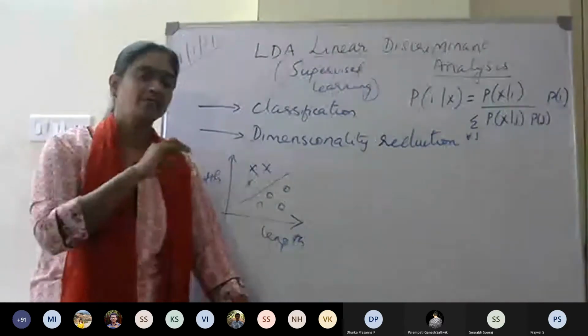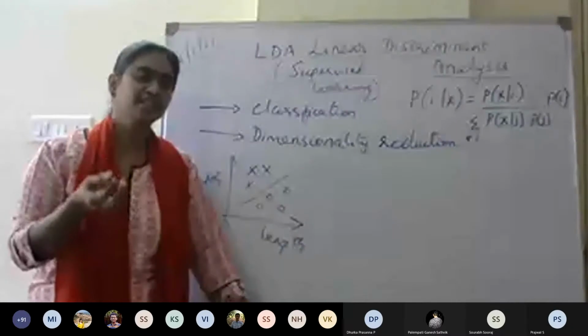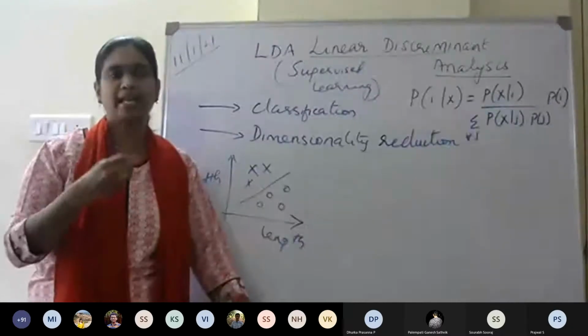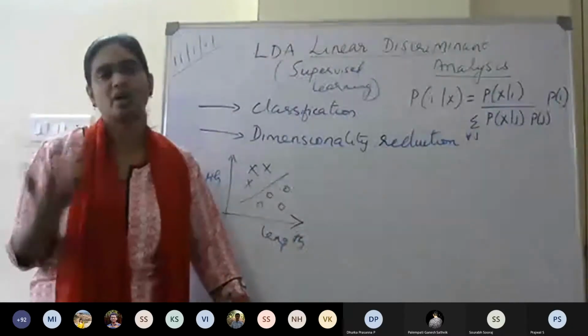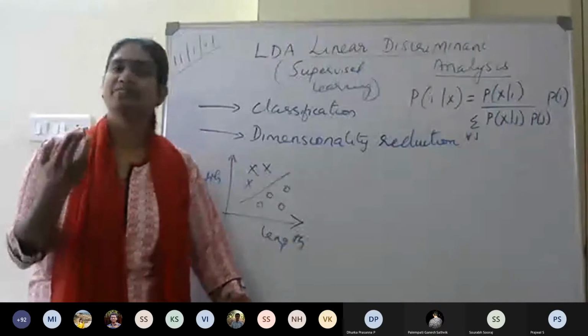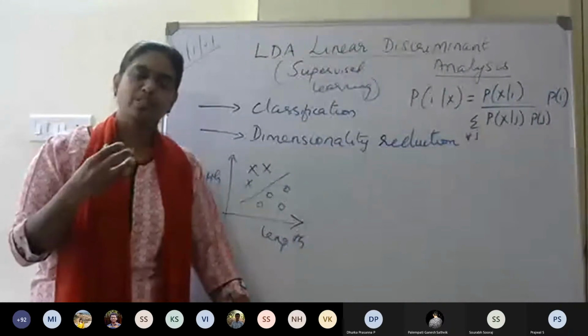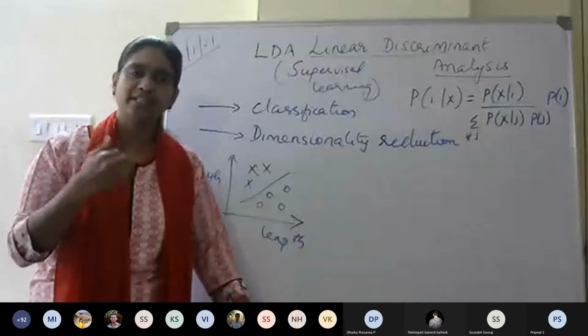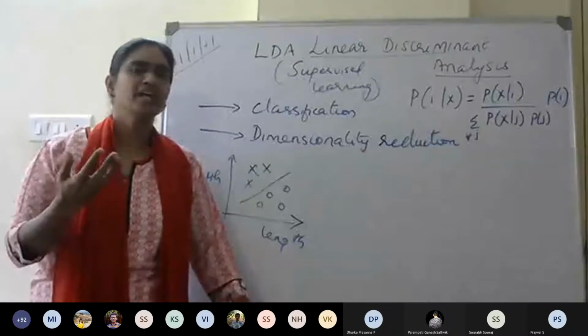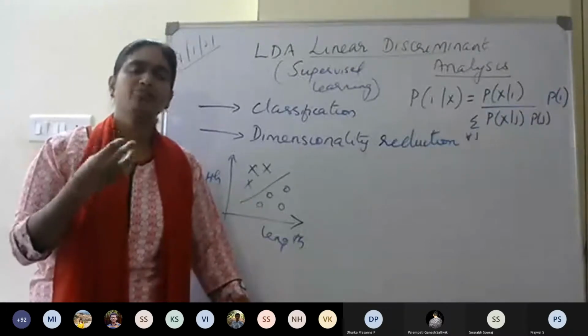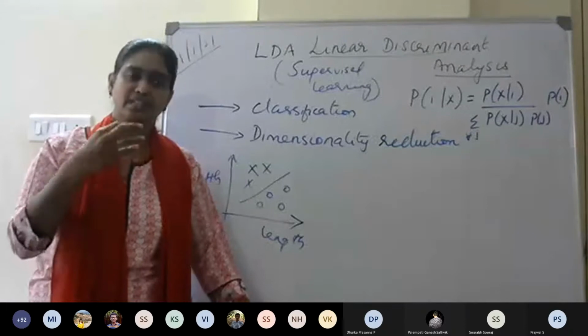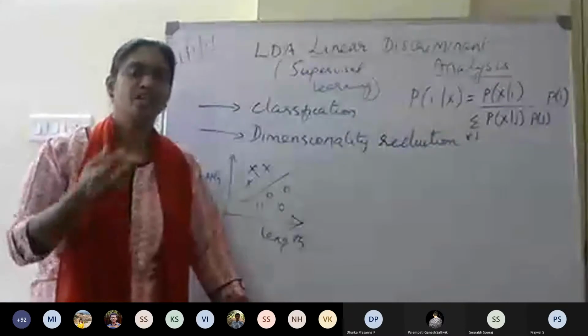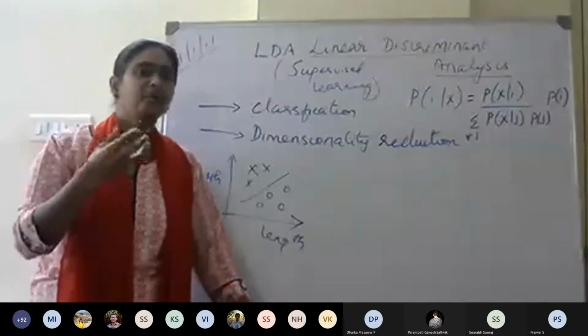If I have more than one feature, and two features facilitate classification, then I will use two features. Suppose both features are essential, but two features are not sufficient, then I go for one more, a third feature. Likewise, we can add more features.